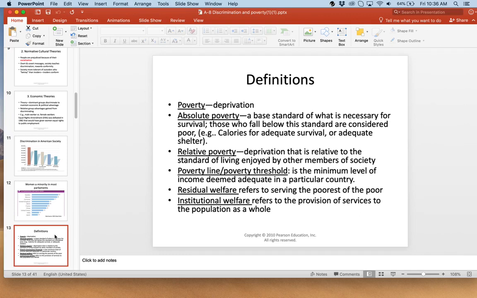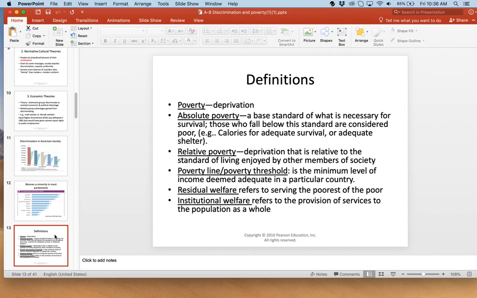Relative poverty is deprivation that is relative to the standard of living enjoyed by other members of society. For example, if I'm earning $70,000 a year and someone is earning $30,000 a year, the one earning $30,000 is relatively poor compared to the one earning $70,000 a year.